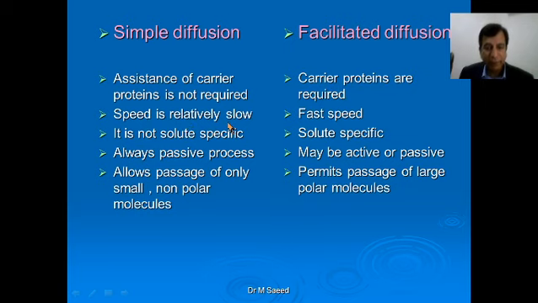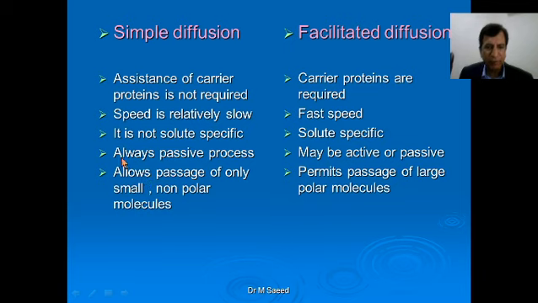Speed is relatively slow. The speed here is fast because they are crossing the plasma membrane through a pore, a channel. Simple diffusion is not solute specific, but facilitated diffusion is solute specific.